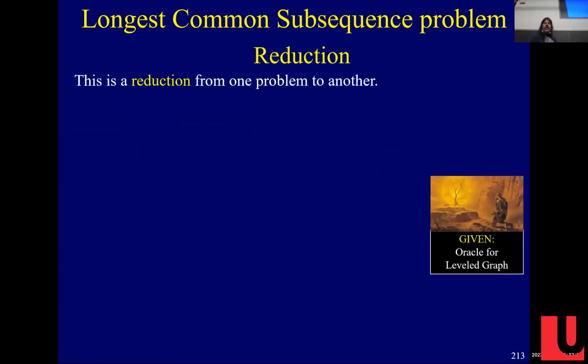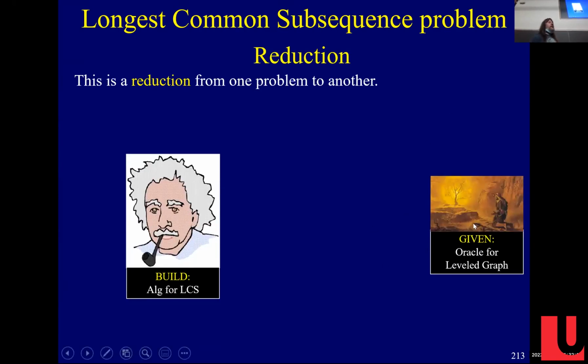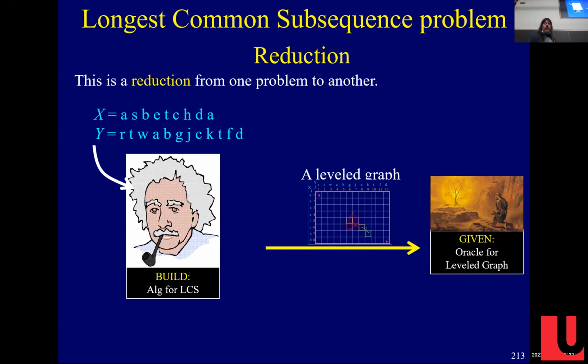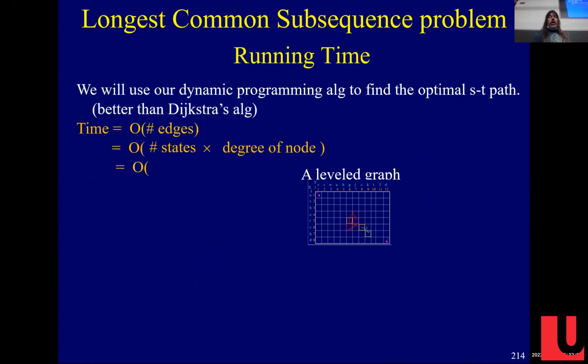So we do a reduction. Maybe we outsource this out of the country. We're given our letters, we form our graph, we send it out, it comes back, we get a path, which we get our answer from. Everybody buy that? So easy. The number of states is, we have N letters in X, M letters in Y, so that's the area of our matrix.